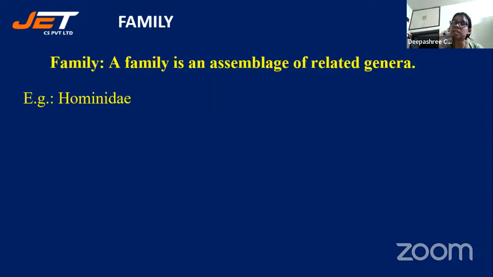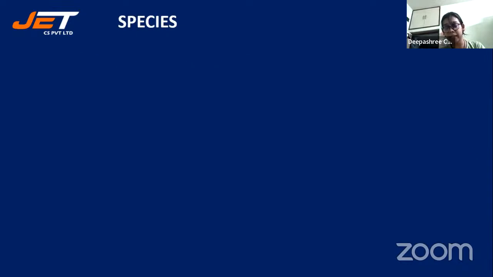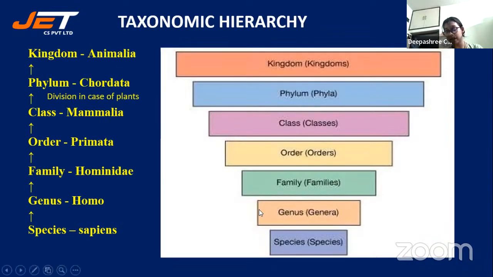Family is just an assemblage of related genera. Okay, Hominidae. So when you are reading these slides, you can understand genus means related species, family means related genus, order means related family, class means related order.